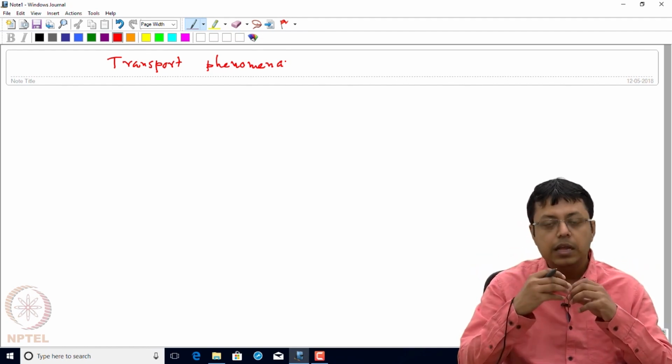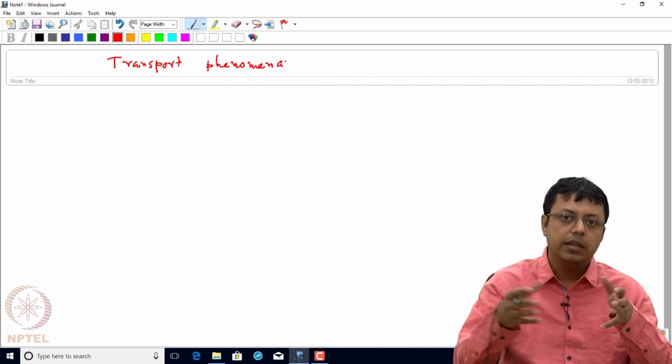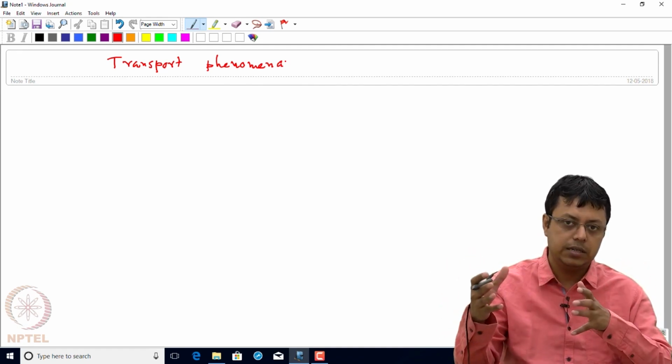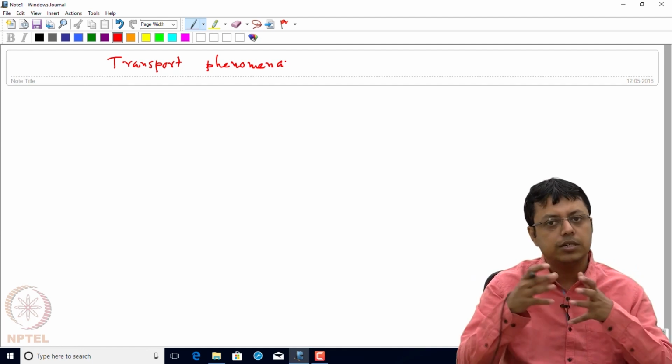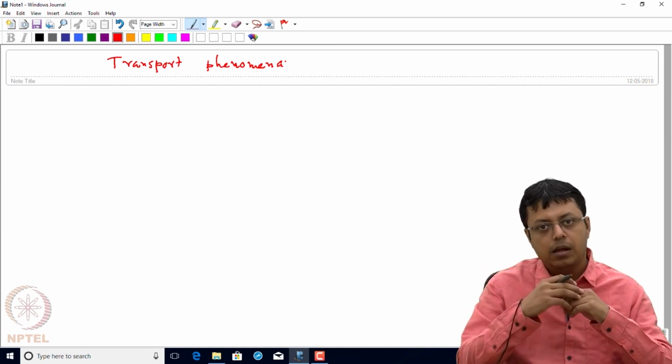For example, if you have a temperature gradient, like a variation of temperature, then you will have a flow of heat. Similarly, if you have a concentration gradient, then you will have a flow of mass.